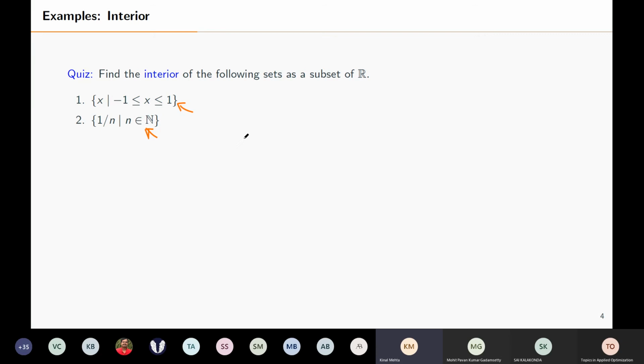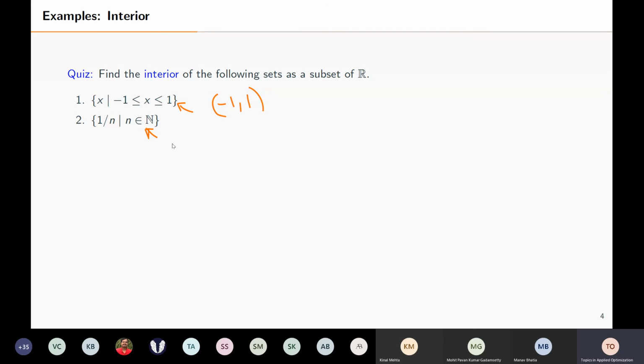-1 to 1, open set. -1 to 1 open. And the interior of this? Sir, the union of 1, union half, union 1/3, and so on. But is 1 an interior point?